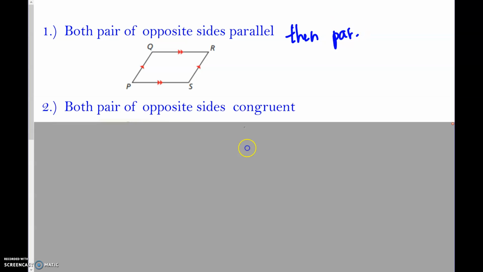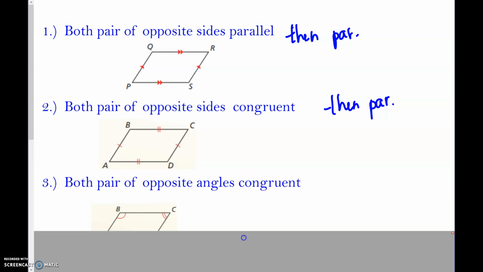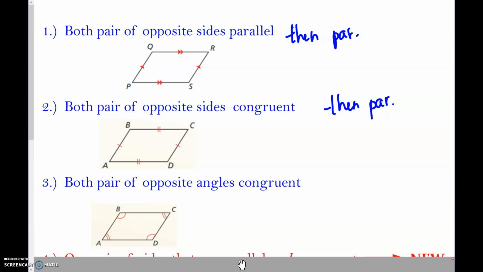If we have both pair of opposite sides congruent, then we have a parallelogram. If we have both pair of opposite angles congruent, then we have a parallelogram. So we're doing the converse of everything we did yesterday.